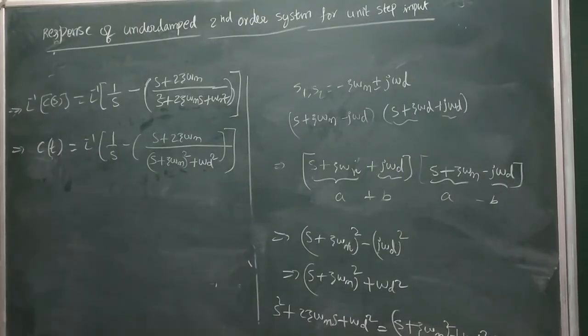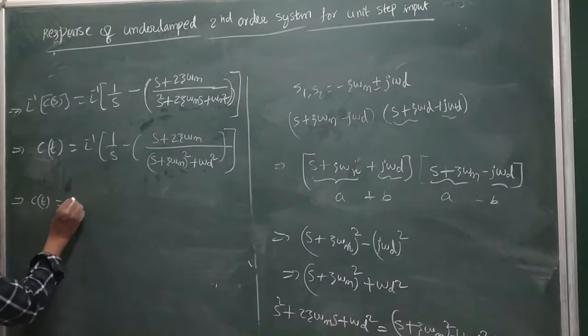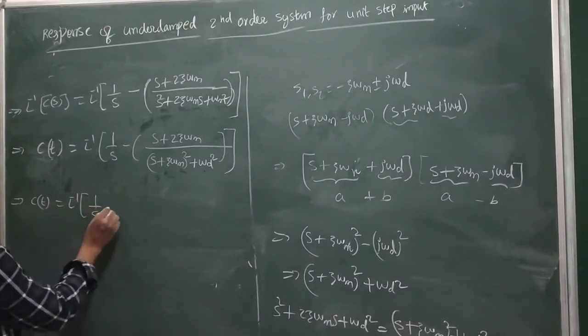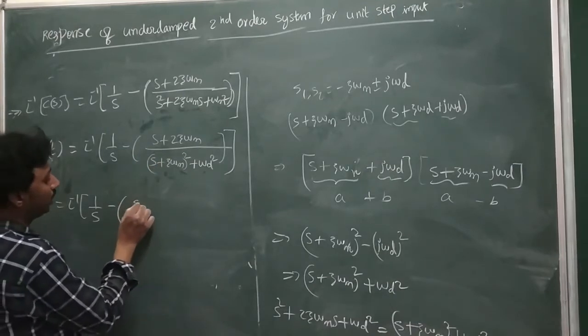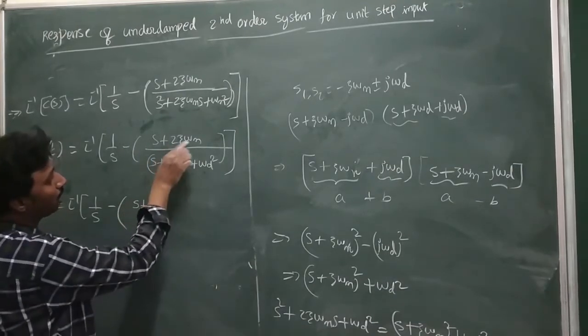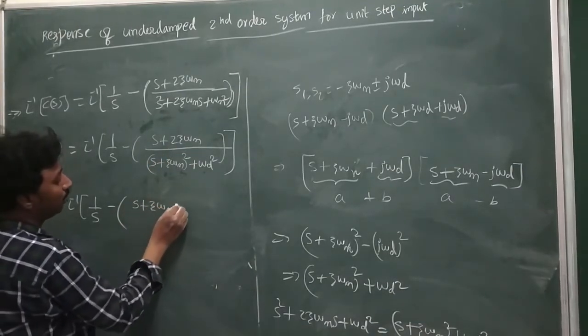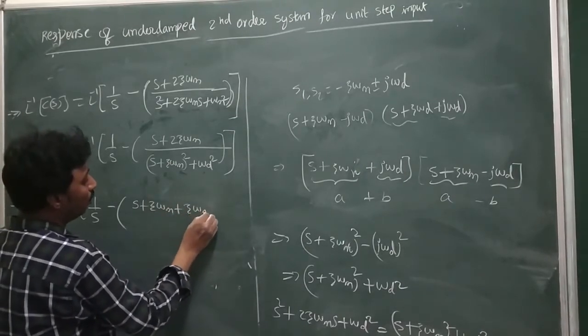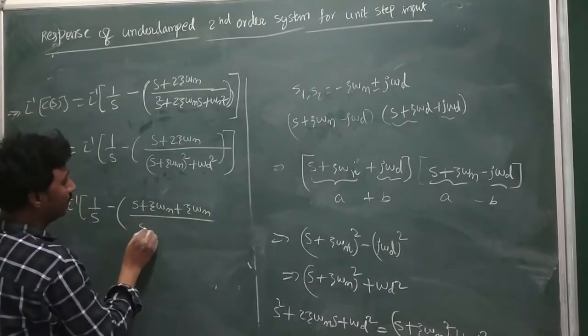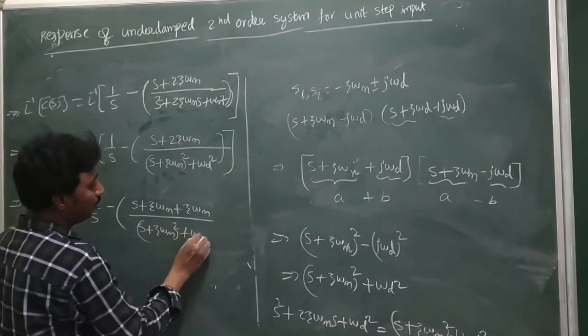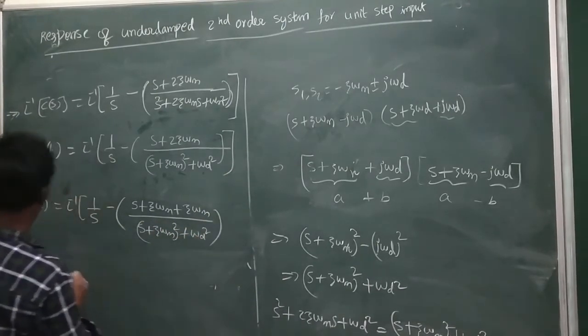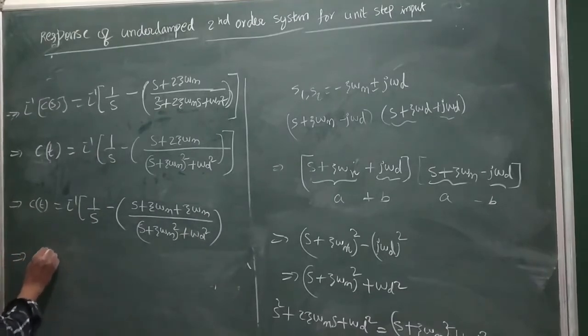I'm going to do C(t) is equal to L inverse of 1 by s, and I'm going to write s plus zeta omega n, plus zeta omega n, by (s plus zeta omega n) square plus omega d square.